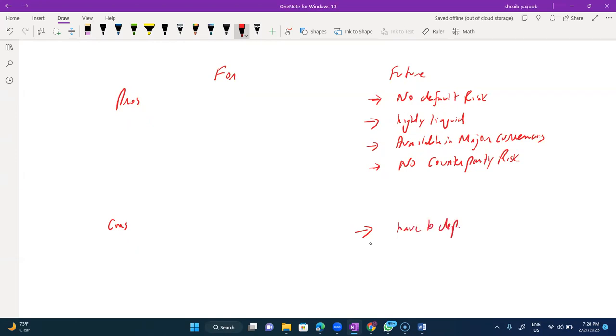You have to deposit initial margin. Second, daily gain loss calculation. So contract is not easy. It's a difficult contract. And the other problem is have basis risk.